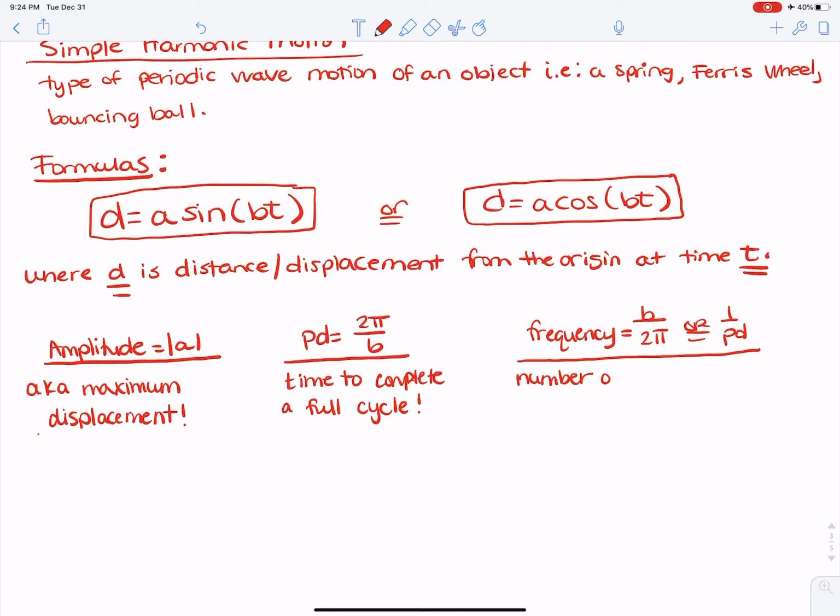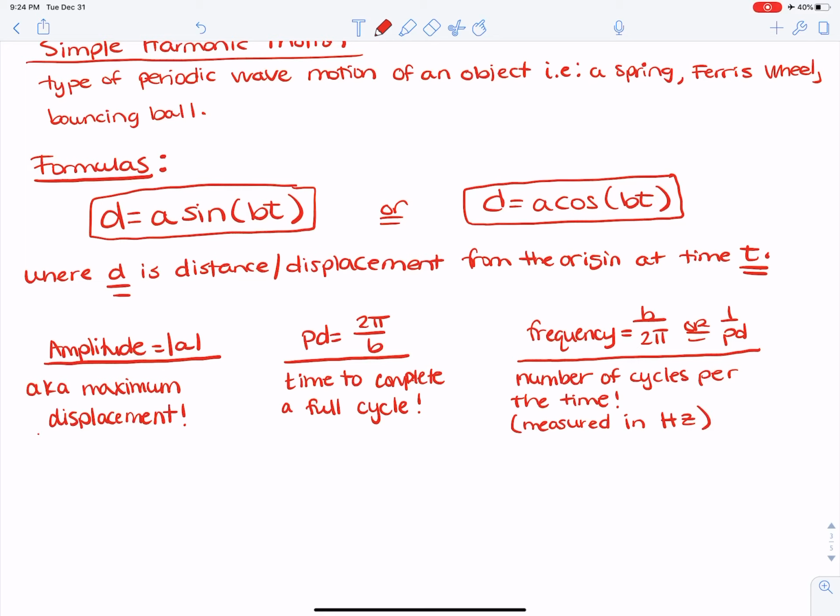This is the number of cycles per the time. Whatever the time is, it's however many are in that time. And one last thing to note is that your frequency is measured in hertz, which we abbreviate HZ.